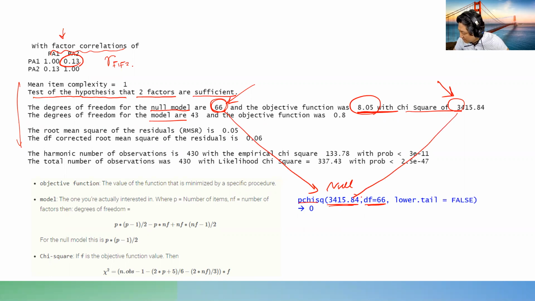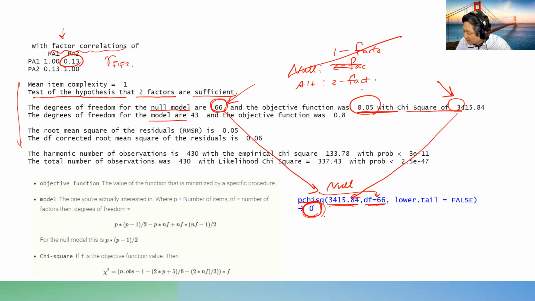We get a significant result. The null hypothesis is the restricted model, one factor, and it compares the restricted model versus the full model, the alternative two-factor solution, right? So we reject our null hypothesis. That means two factors will be enough.